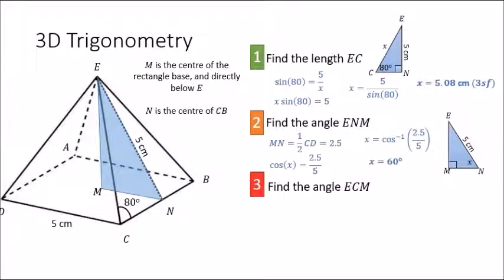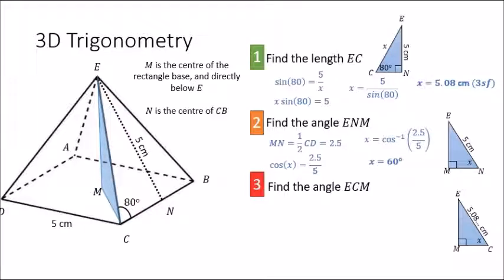To find the angle ECM, let's draw that right angle triangle in there. The angle at M is again a right angle because the line EM is perpendicular to any line drawn on the base, so it's perpendicular to MC. Now, when I draw this triangle, I have the length EC from question 1, but I don't have any other information about this triangle.